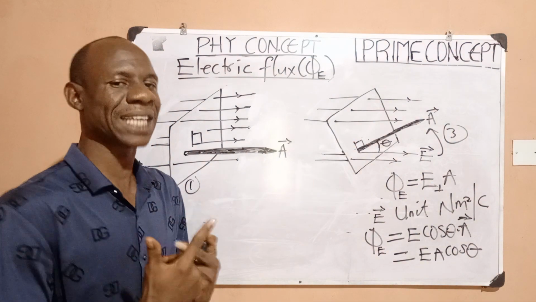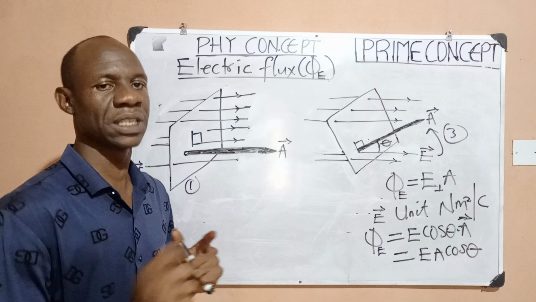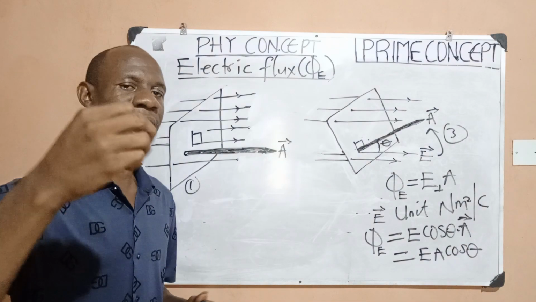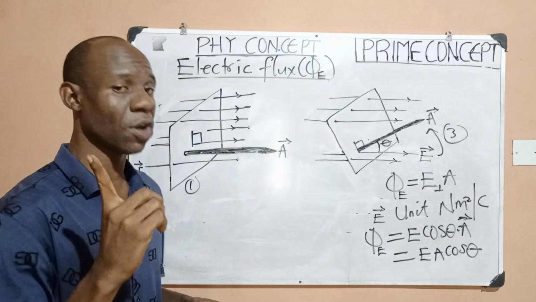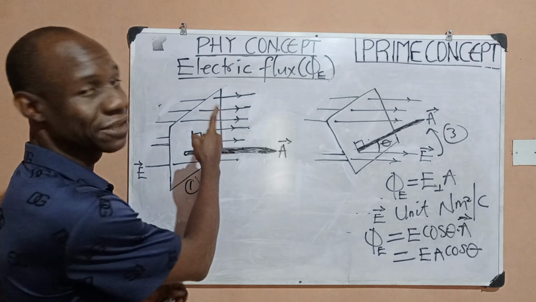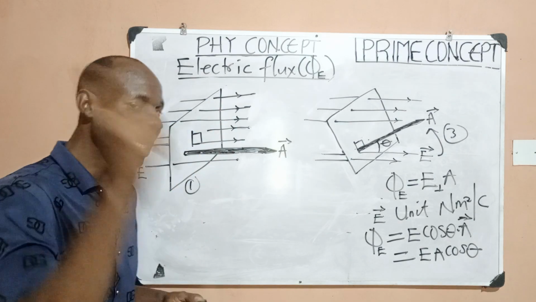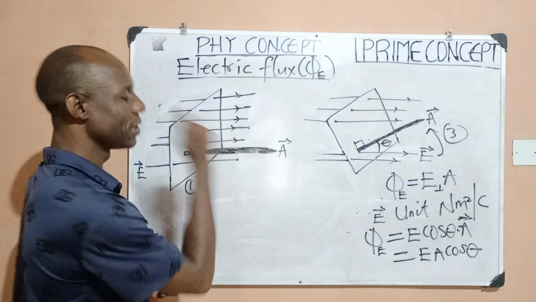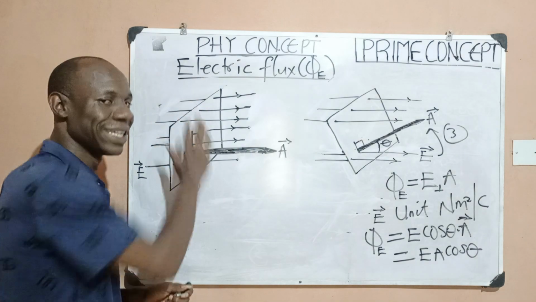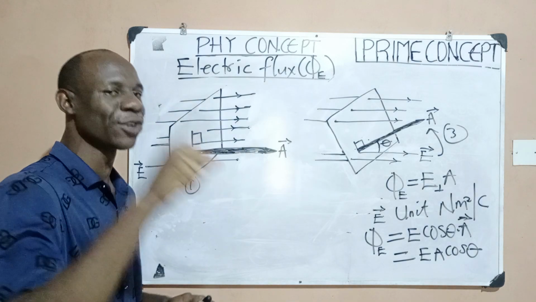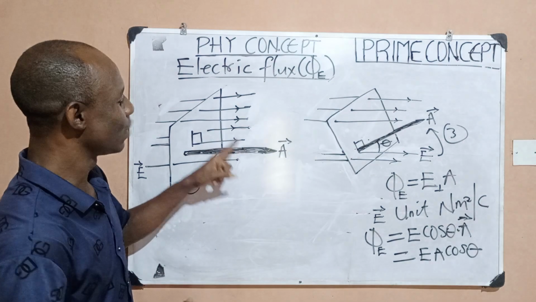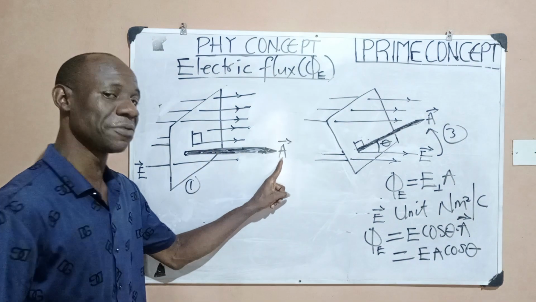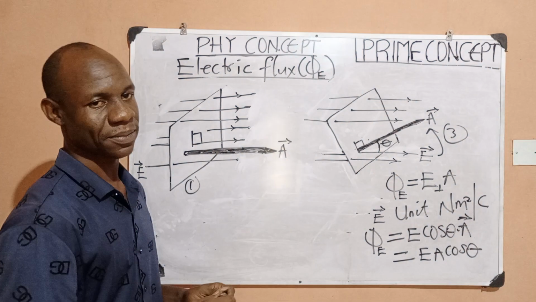When do you get maximum electric flux? Take note of it. Try to put it down. You can obtain maximum electric flux when the electric field is perpendicular to the surface. Now, if the electric field is perpendicular to the surface, it means that the angle theta between the electric field and the area vector is going to be 0.